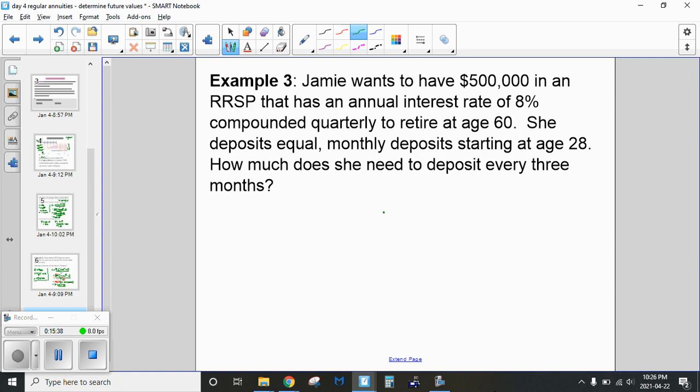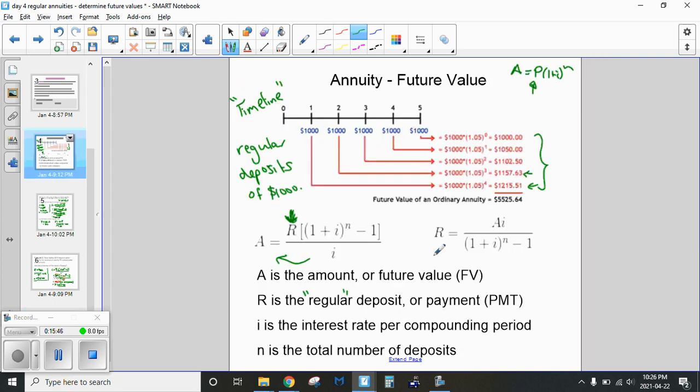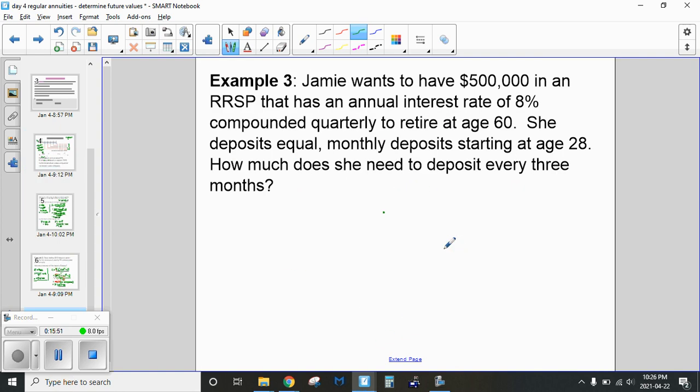Okay, one last example. And this is going to be using the rearranged version of the formula. So we haven't seen one of these ones yet. It says Jamie wants to have $500,000 in an RRSP when she retires at age 60.